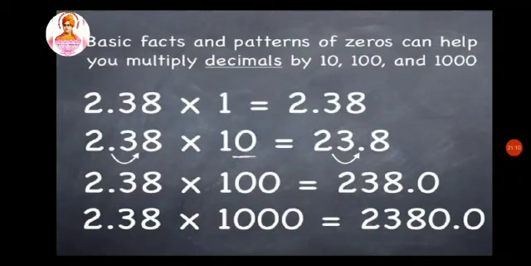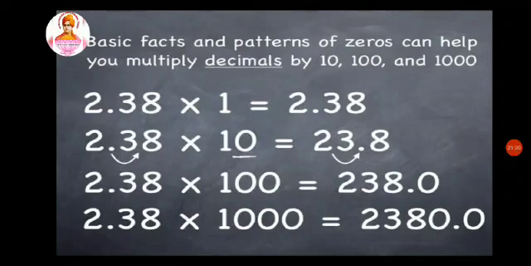2.38. If you multiply any number by 1, the same number you will get. 2.38, if you multiply by 10, here I have 10, so the decimal point will move one place to the right.